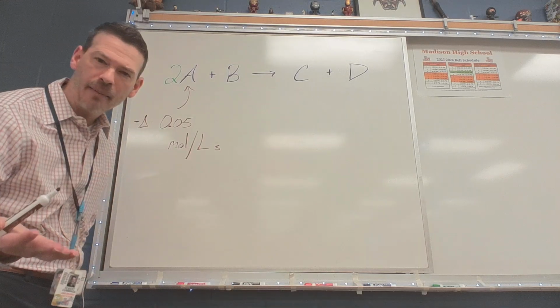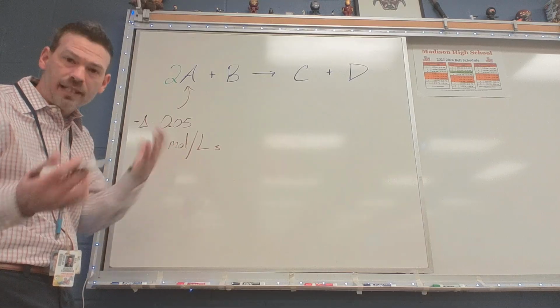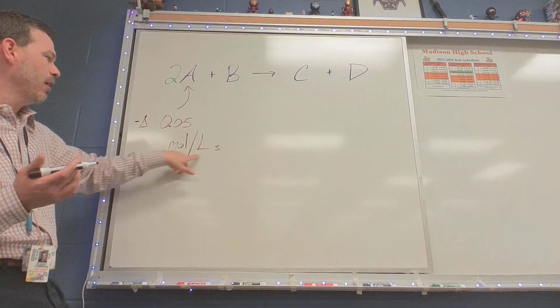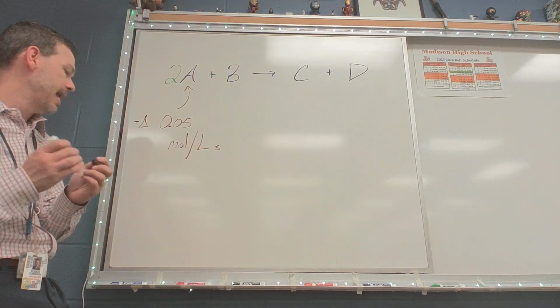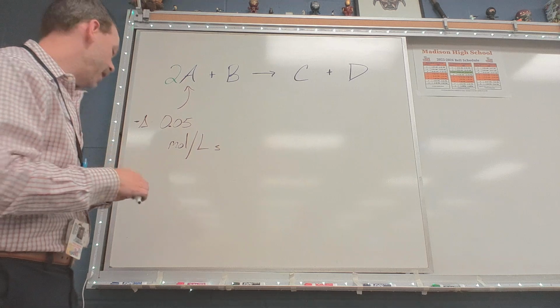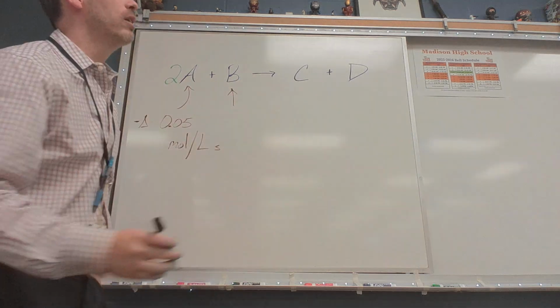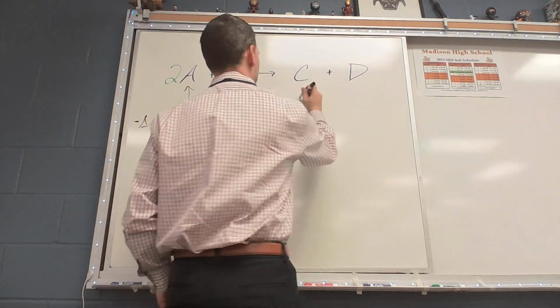Seconds, because now it's time, right? Now time is a big deal for us. So moles per liters is molarity, and it's the change in molarity over seconds, since now we're looking at those kinetics. But we've got values for everything, all right? So we've got all of these other values with the same units, mind you.